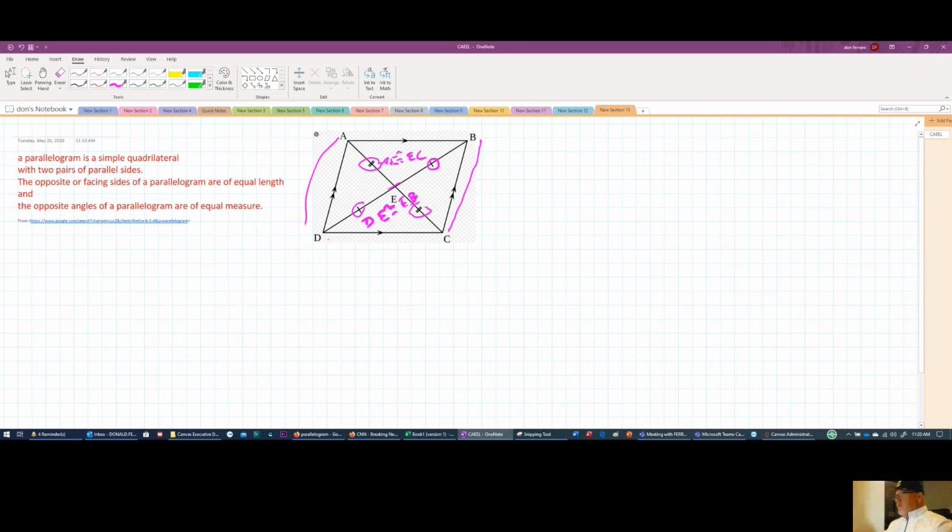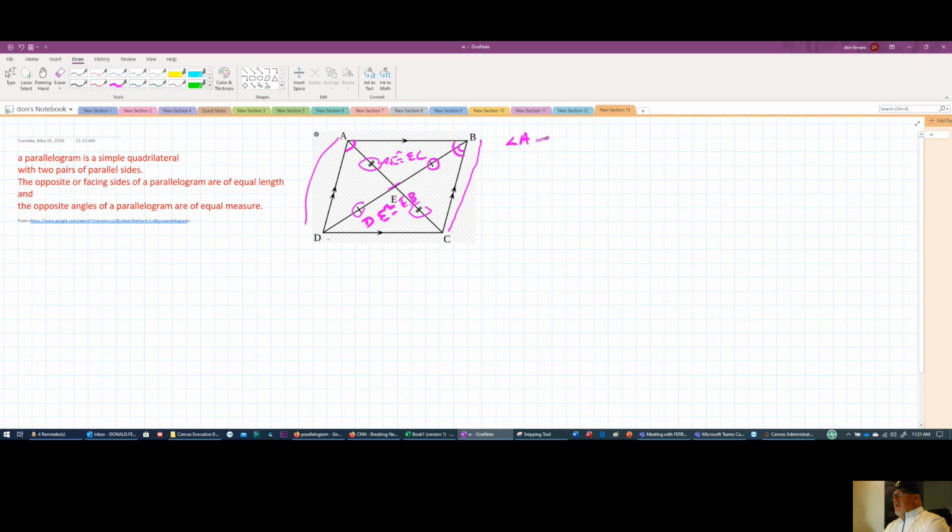Now, one last point is the angles. Since we know that the sides are parallel, we also know that angle DAB, this angle here, and angle ABC here, these add up to 180.